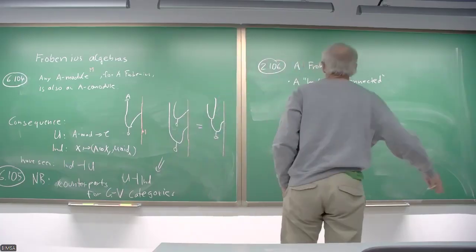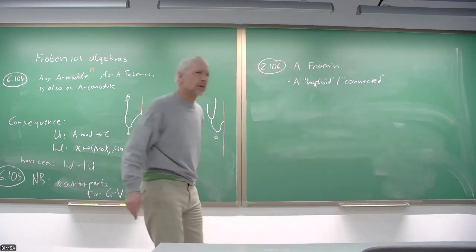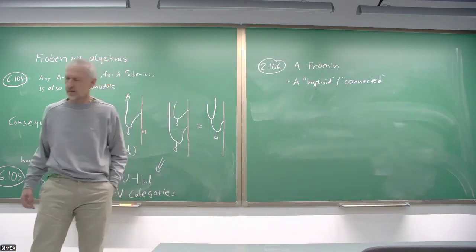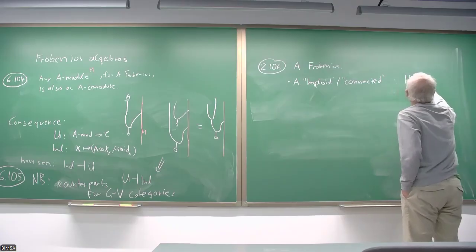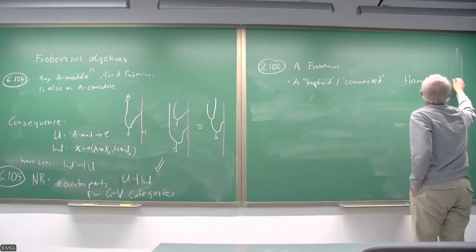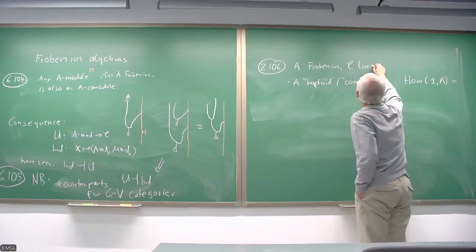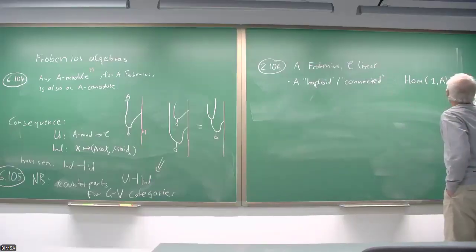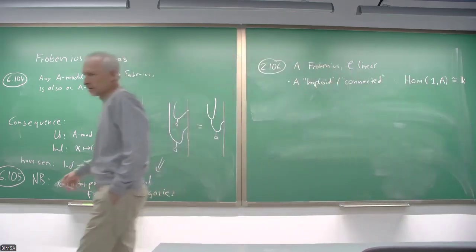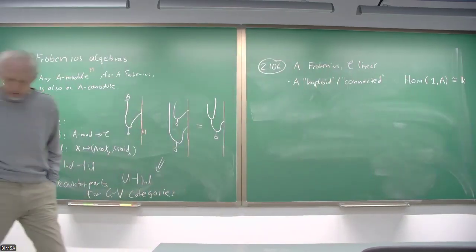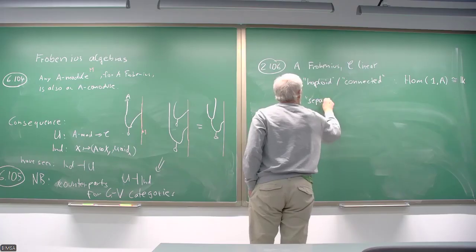For example, in the case of Hopf algebras, haploid has the disadvantage that it's not a very common term otherwise in mathematics. This means that the space of morphisms from the unit to A, in a linear category, is isomorphic to K. Then I call it separable.